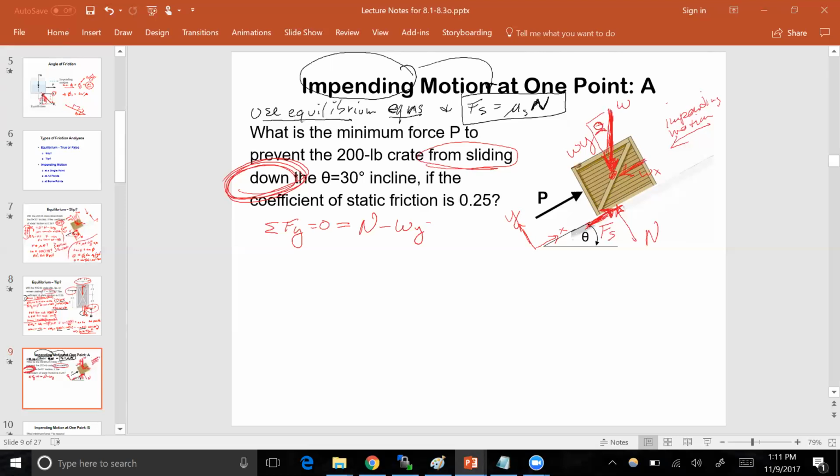And so that equals N minus 200 times the cosine of 30 degrees. I don't have enough room there, so I'm going to do another line. So that equals N minus 200 cosine of 30. Therefore, N equals 173 pounds.